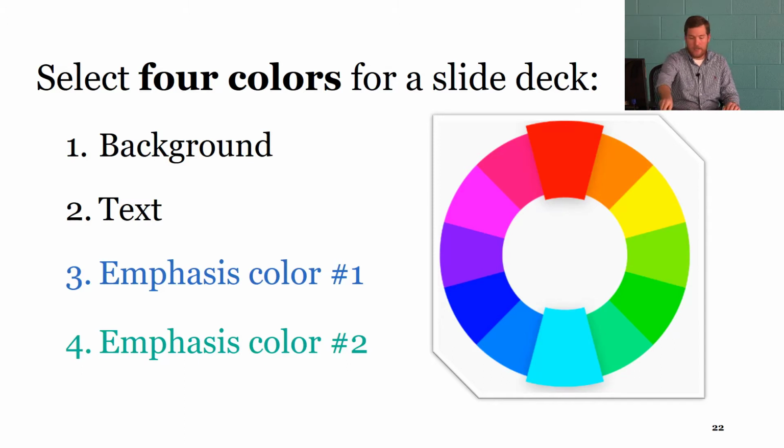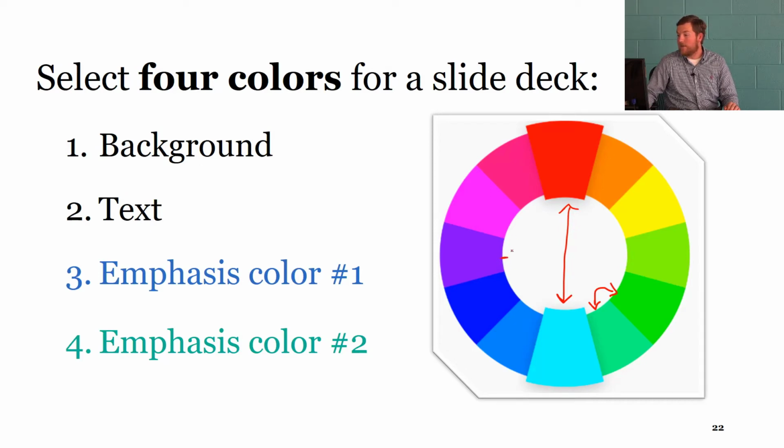I put the color wheel here because the best way to pick your colors is to use complementary colors. Complementary colors are those that are across from one another. Or use analogous colors, which are right beside one another on the color wheel. Or you can use what's called triadic colors, which are the same distance apart.